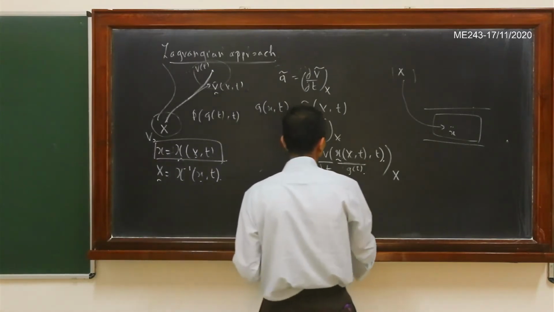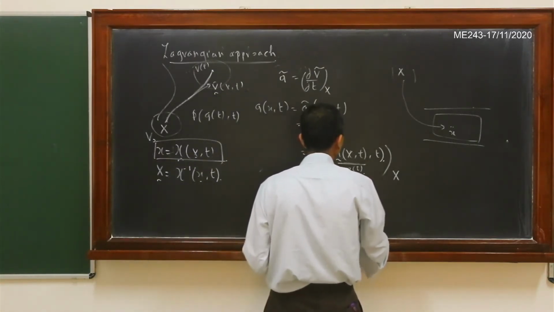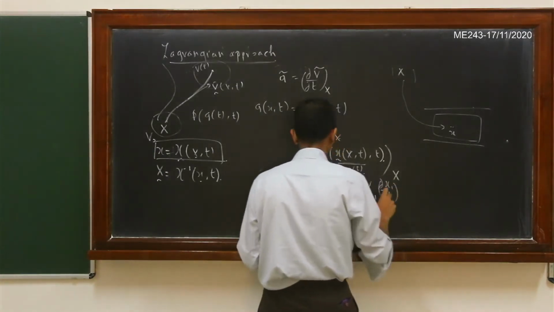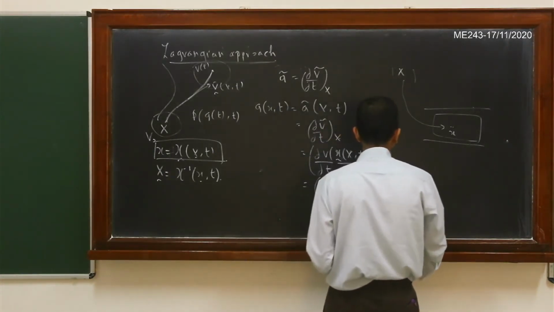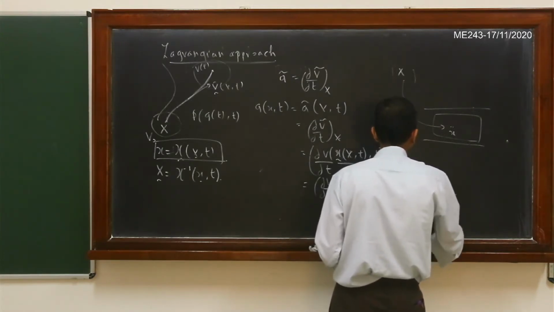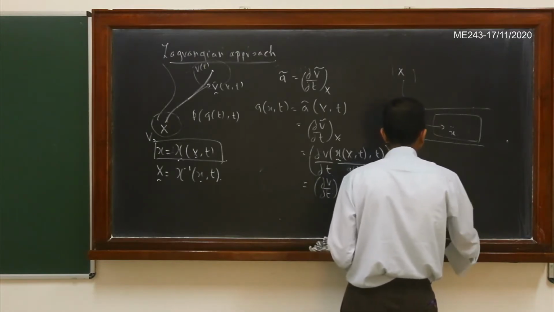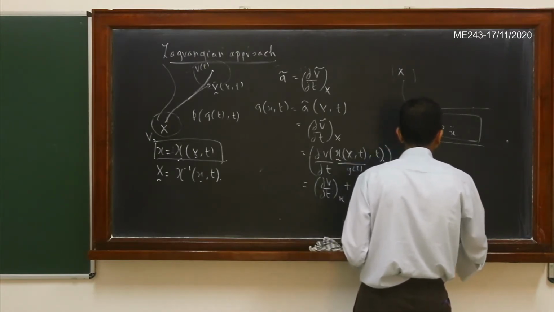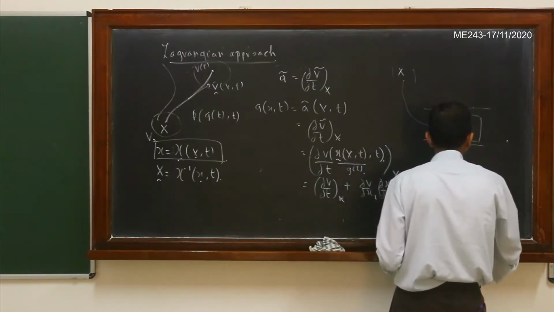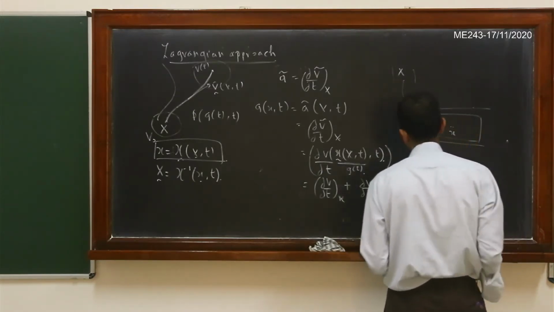So this is plus del v by del x1 times del chi1 by del t, keeping capital X fixed, plus del v by del x2 times del chi2 by del t, keeping capital X fixed, plus del v by del x3 times del chi3 by del t, keeping capital X fixed. Okay.